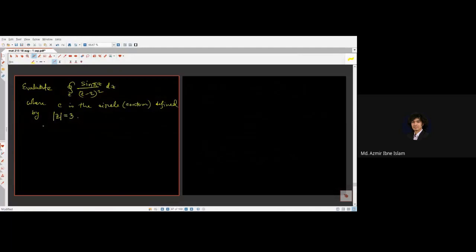So this is our complete question, and we have to evaluate this integral by using Cauchy's residue theorem, or in short, CRT.